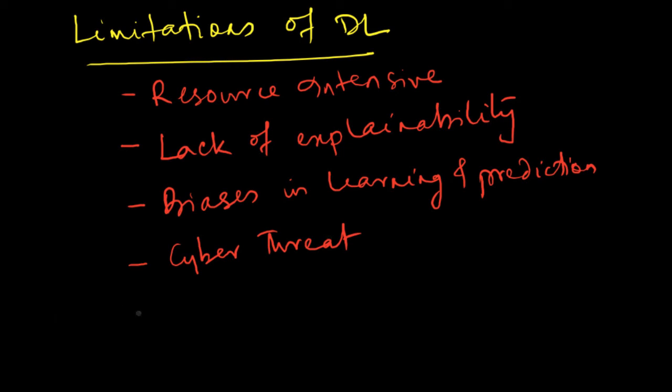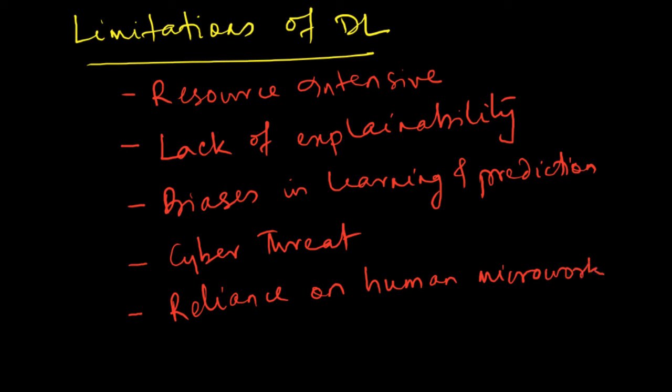And the fourth limitation, which is not really a limitation, but still, let me state it for the sake of completion, is that deep learning still relies on human micro work, which means labeling of data at least.